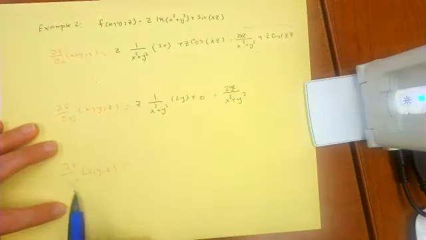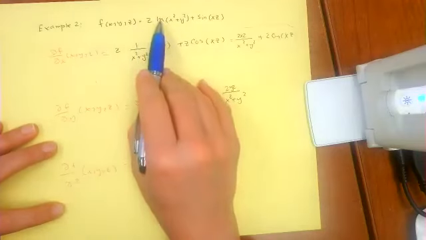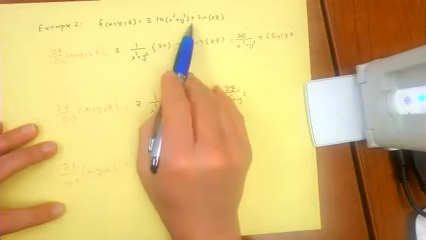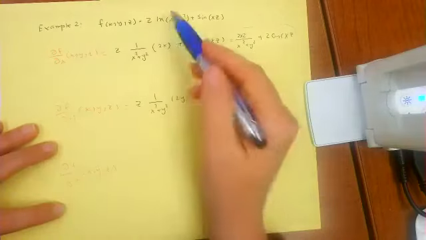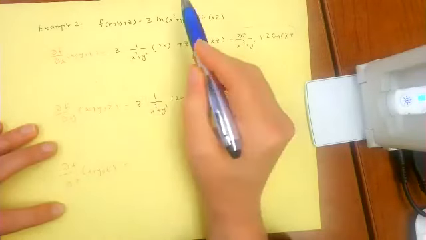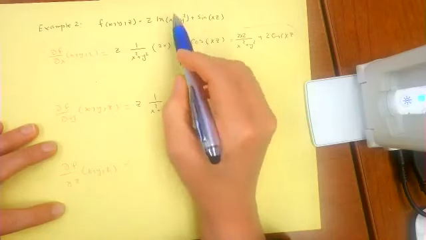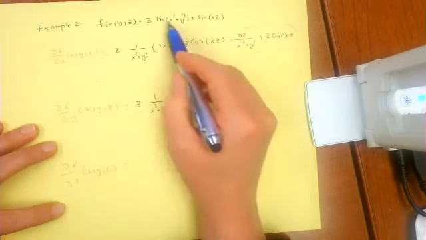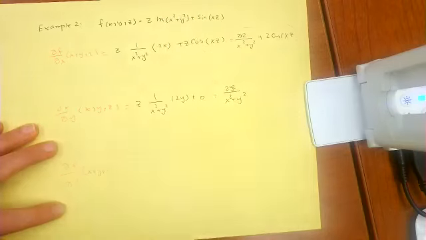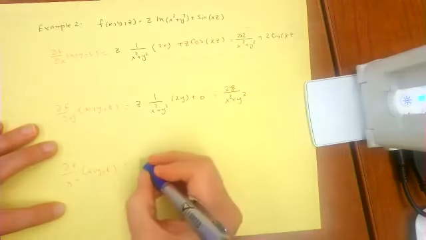The last one is the partial with respect to z. Natural log of x squared plus y squared, because x squared plus y squared are constant with respect to z, natural log of a constant is a constant. Therefore, the derivative of z times a constant is just going to be that constant.